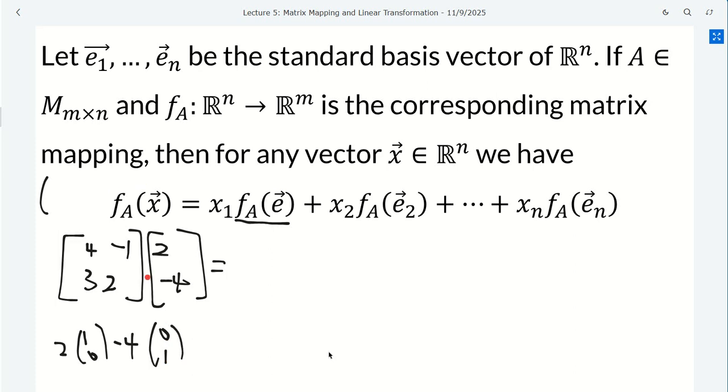According to this, the transformation can be written as my 2 over here.